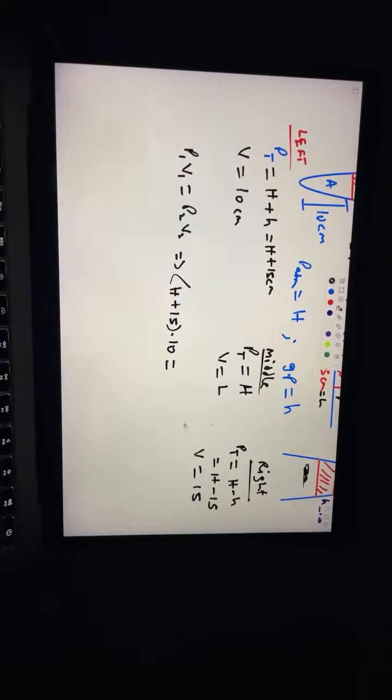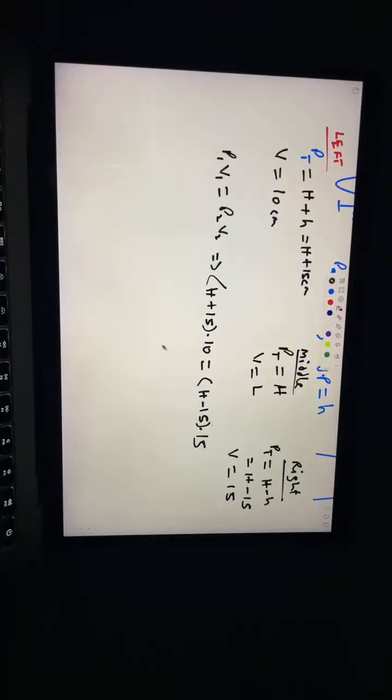So the new P there is H minus 15, and the volume is 15. So with this now, I can calculate what my H is, knowing that this will be 10H plus 150 equals 15H minus 225.